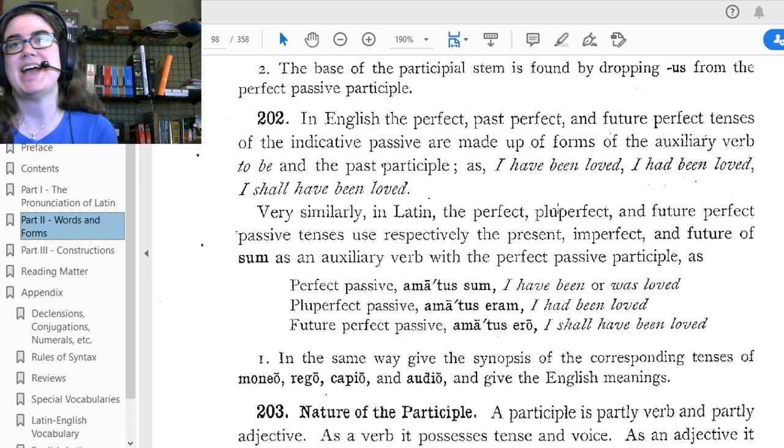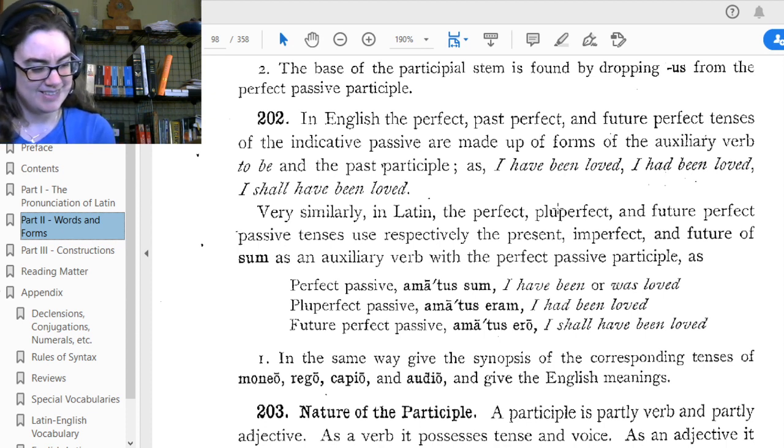Amatus eram, I had been loved. Amatus, or in my case, amata, ero, I will have been loved. So in some ways, it's very similar to English. We are using a participial form for the verb and a helping verb to be to make our passive tense.